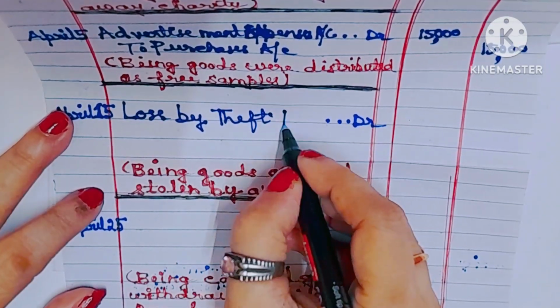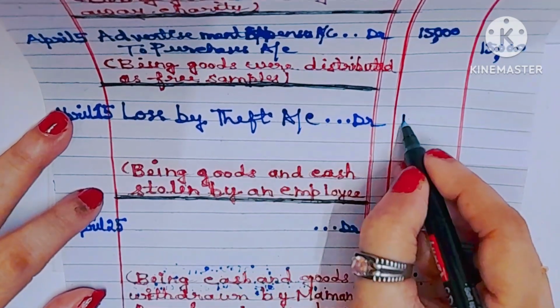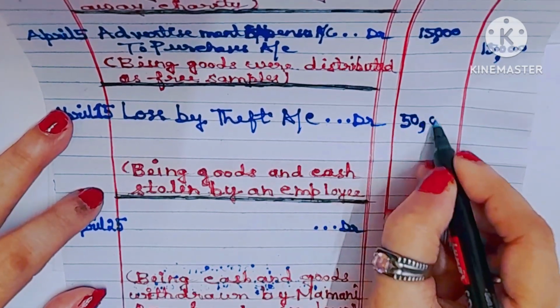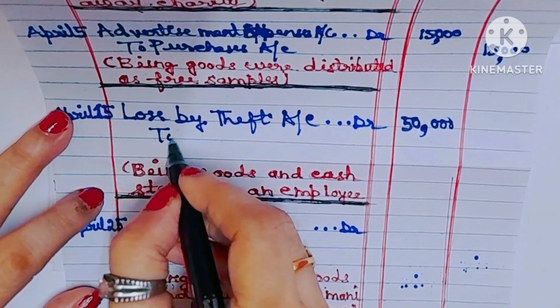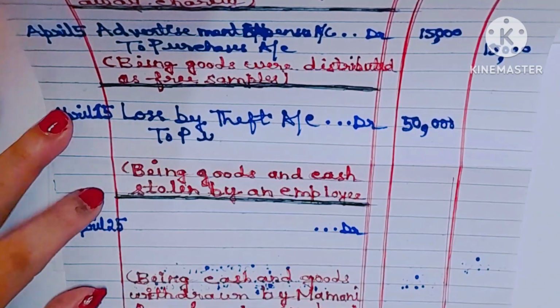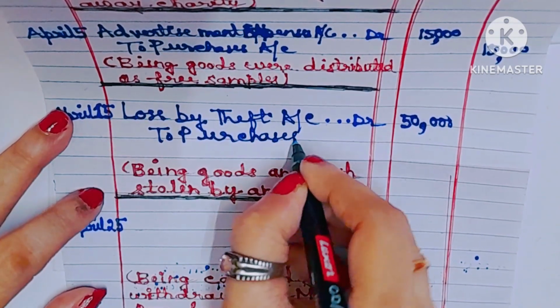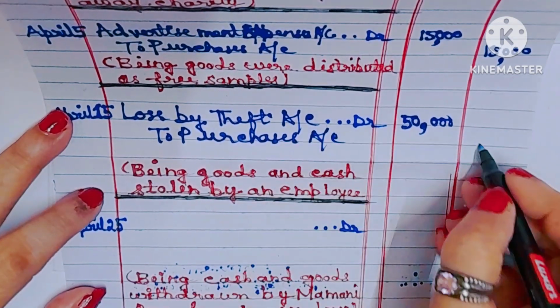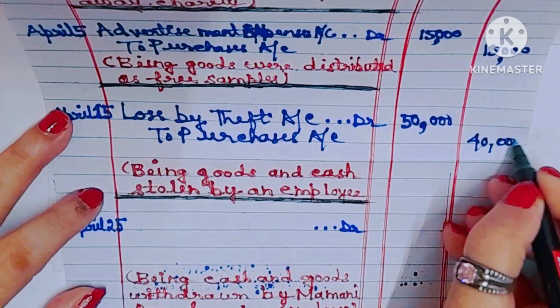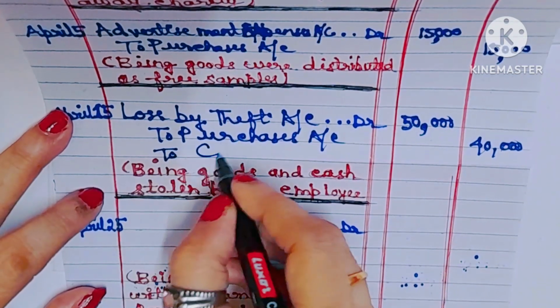Loss by theft account 50,000 to purchases account 40,000, to cash account 10,000. Understood?